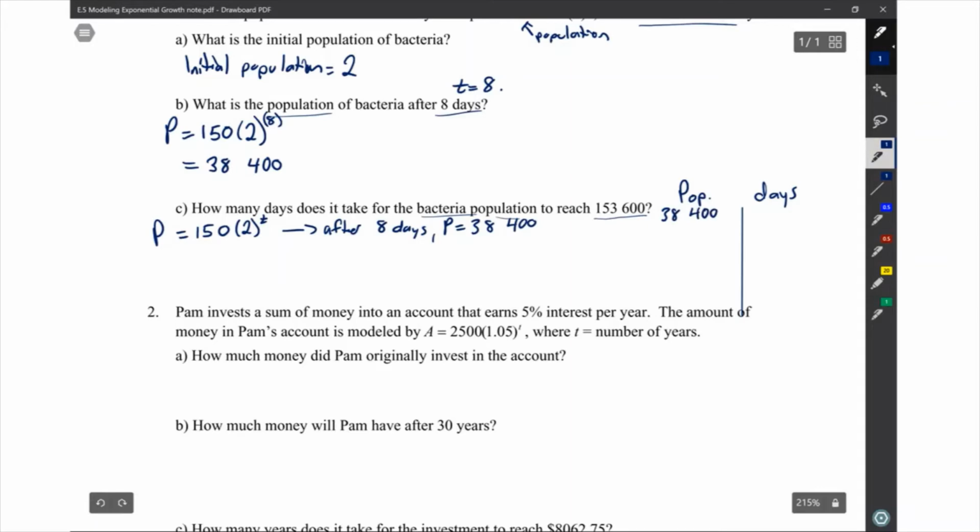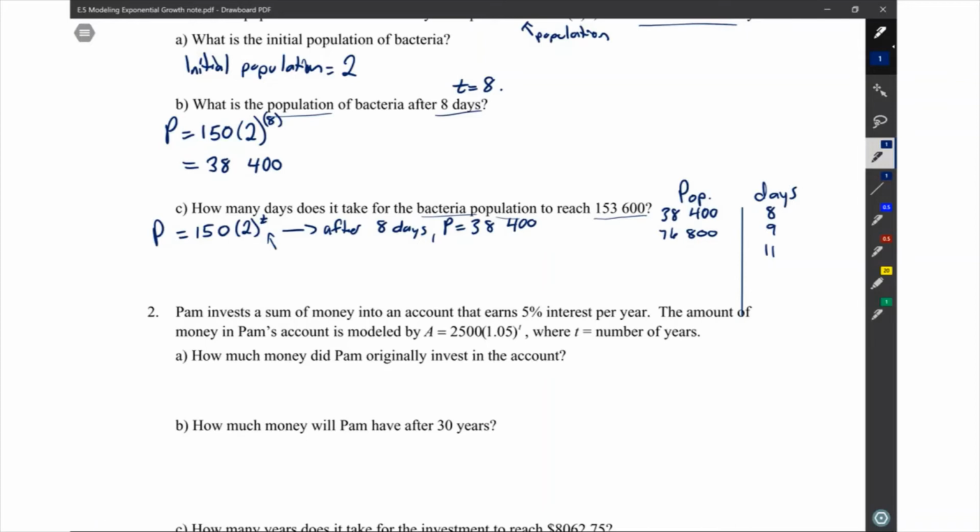Then I can try to put a bigger number than 8 in for t. Let's try 9. So I'll put into my calculator 150 times 2 to the power of 9, and I get 76,800. So for 9 days, I get 76,800 population. That's still not quite big enough. I know I need to get a little bit faster, so let's try after 11 days.